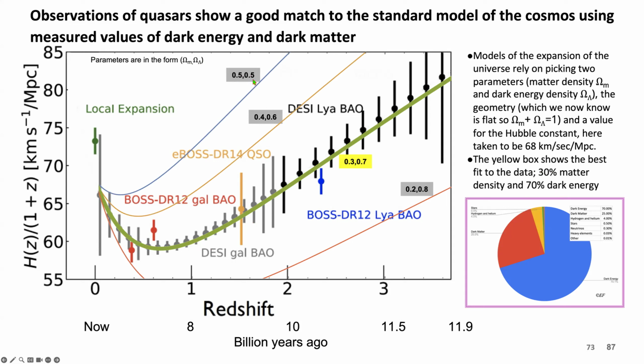If you choose other partitions of matter and dark energy in the universe, you don't get anywhere near the right answer. So this gives us high level confidence that the universe is 30% matter, including dark matter, and 70% dark energy. And it seems like we understand what we're doing.